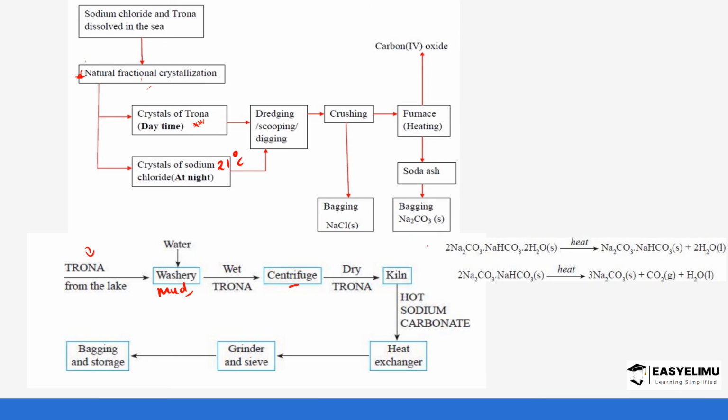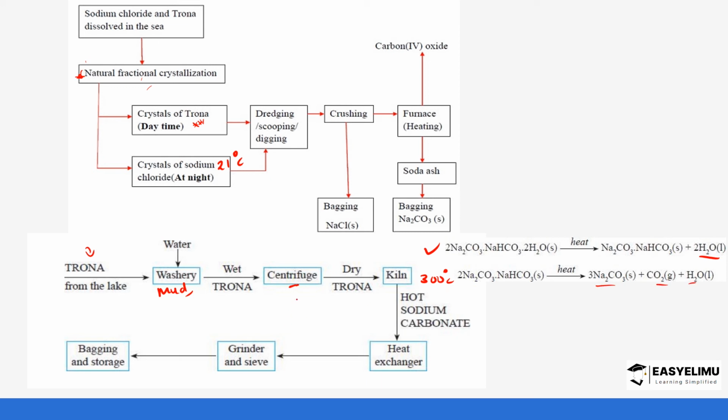If you look at the equation, the first equation is for the removal of water. You can see we just remove the water of crystallization. And then after that, it's taken to the kiln where it's heated at a very high temperature of 300 degrees Celsius. At these temperatures, the trona is finally decomposed to give sodium carbonate, carbon dioxide, and water.